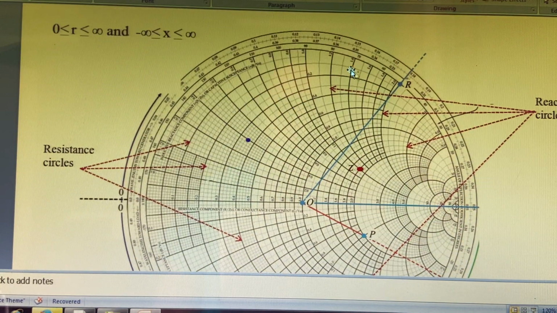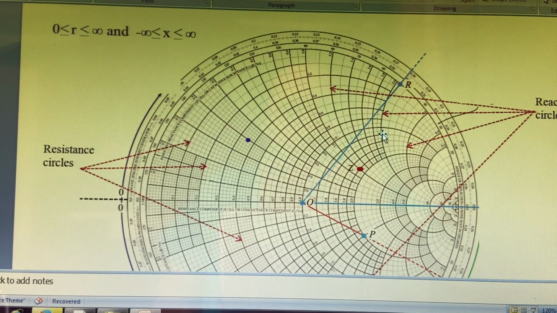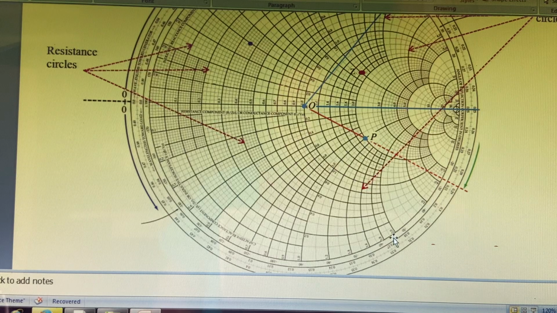We can see here 1.2 is written, the reactance value is 1.2, this is 1 and 1.4. If you move over this circle, the reactance remains the same. Similarly, if you take this circle, this is 5, the reactance value is equal to plus 5. If you move like this, the reactance value remains the same. Below, the reactance values are minus 1, though the minus is not shown.